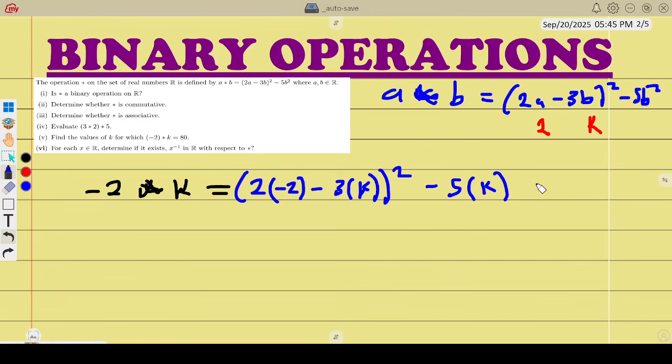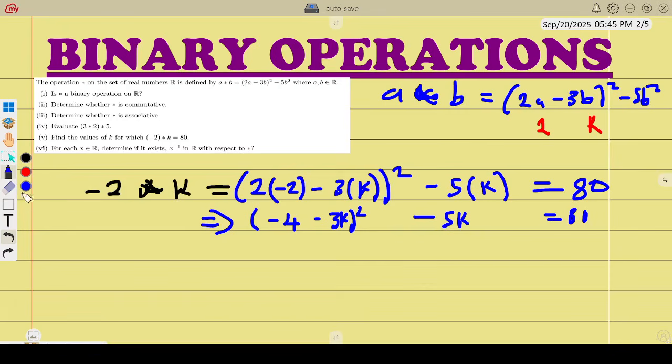They have told us that all this is equal to 80 when you say negative 2 star k. So at this point we proceed. Negative 2 times 2 is negative 4, minus 3k, we have a square outside, and then outside again we have 5k. This is equal to 80.